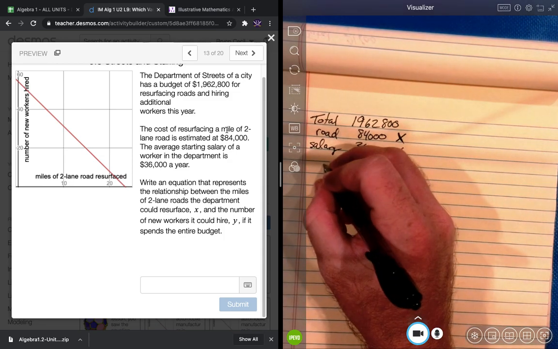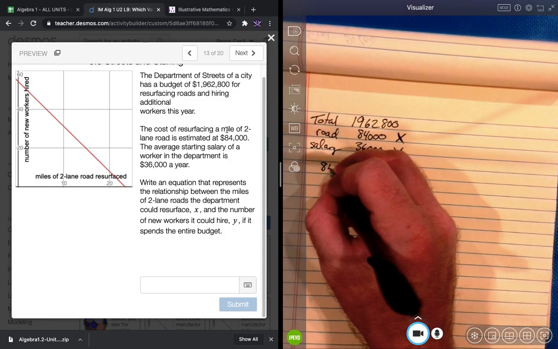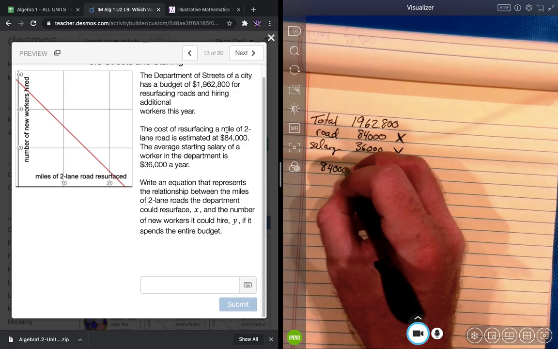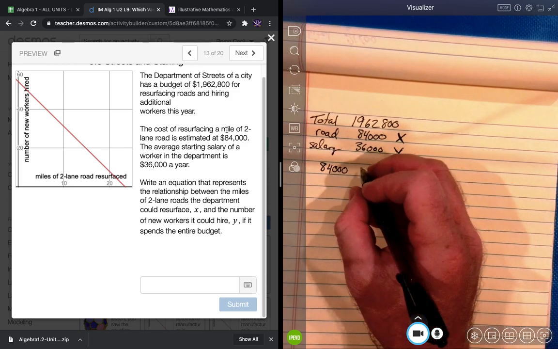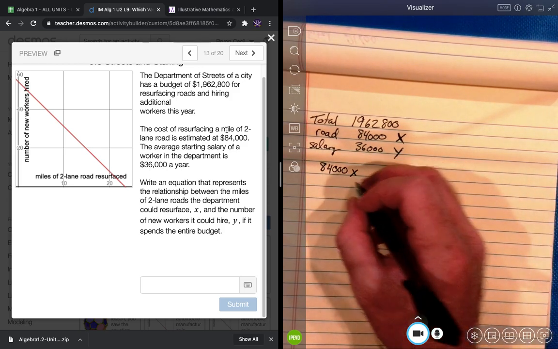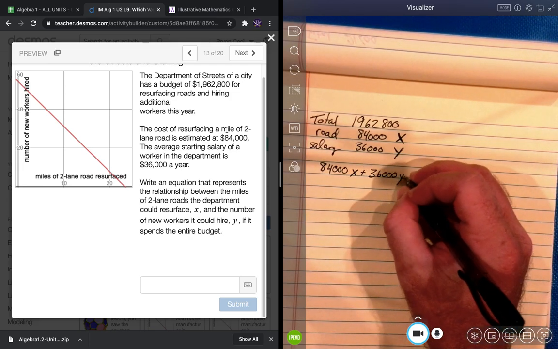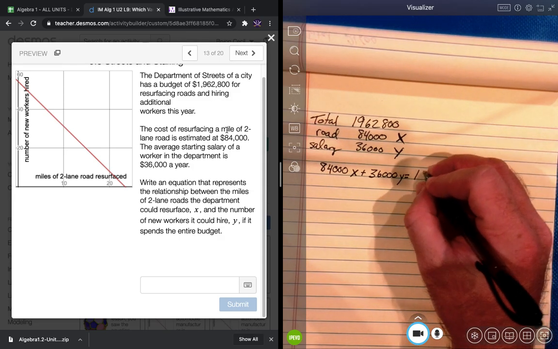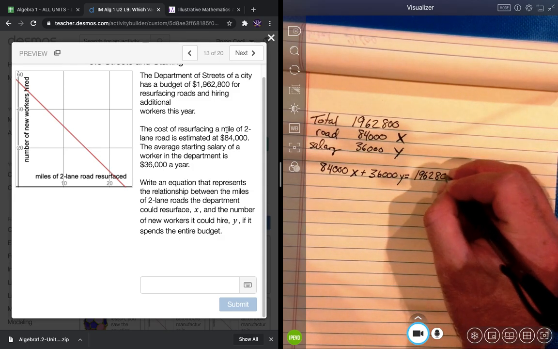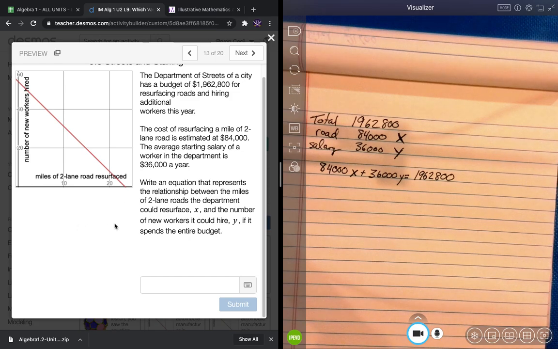So let's talk about it. You took the amount it takes per mile for a road times the amount of miles plus the salary of a worker times the number of workers is going to equal your total. All right.